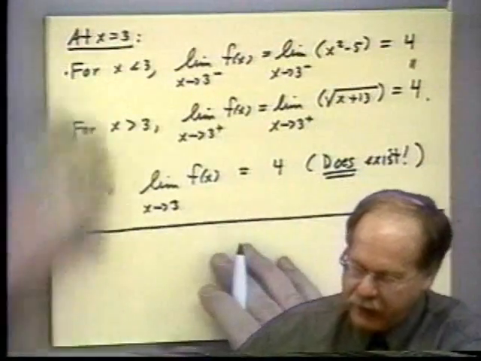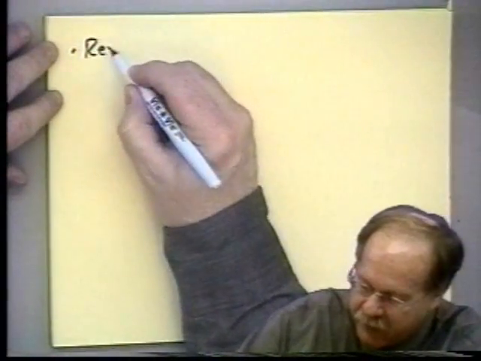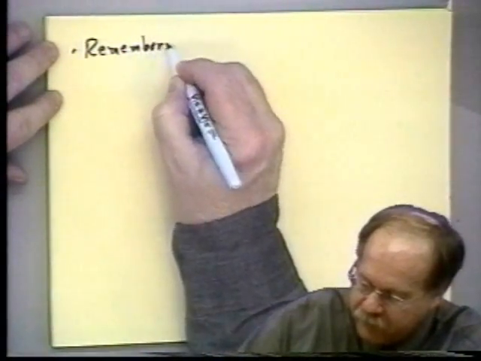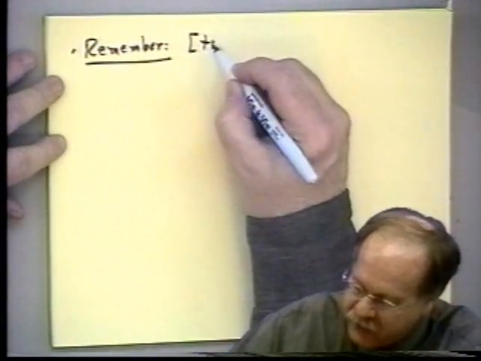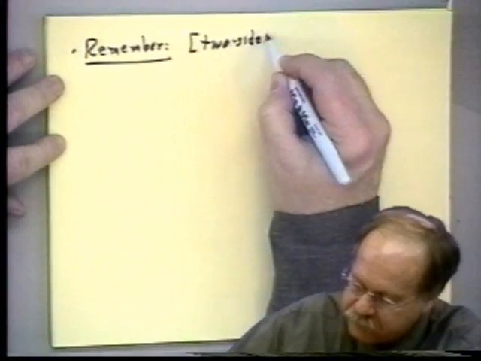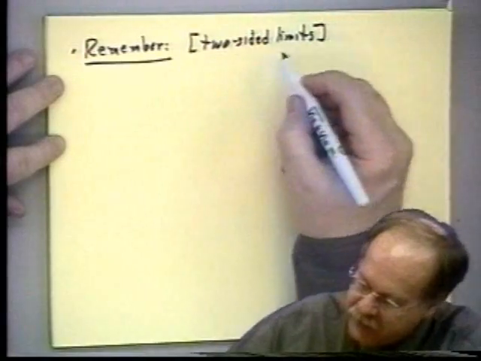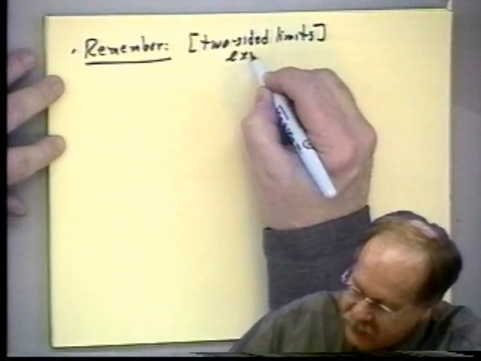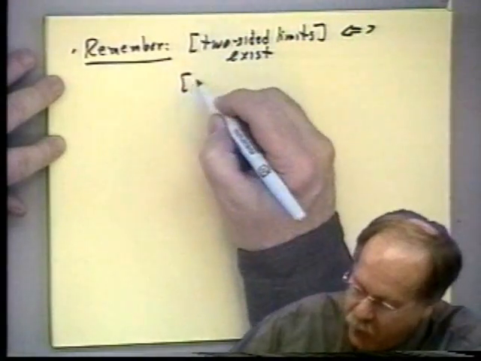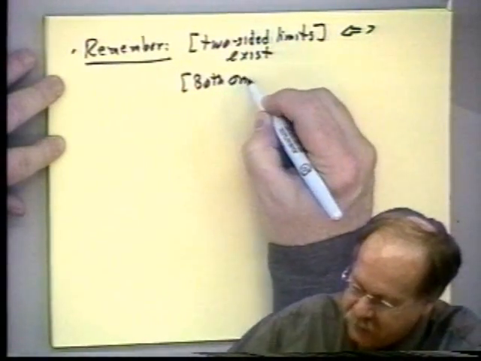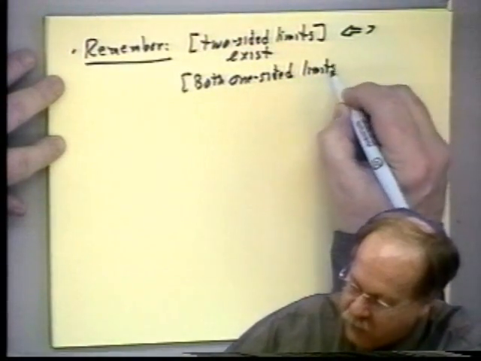All right. Now, let's see if we can summarize. The first thing you want to remember, which I've already mentioned, and that we've said before, is that two-sided limits exist if and only if both one-sided limits exist and are equal.